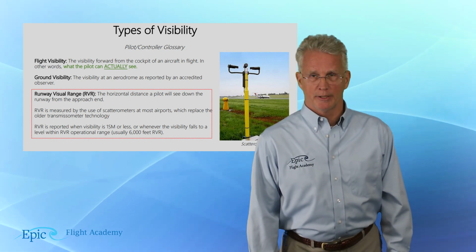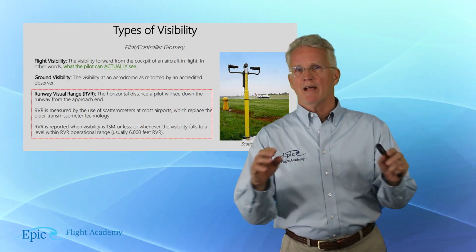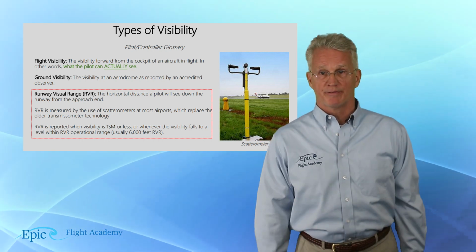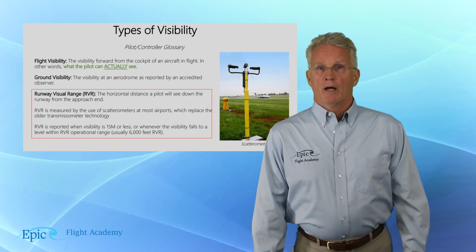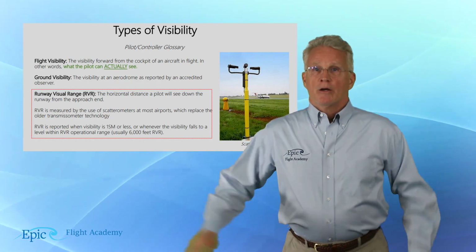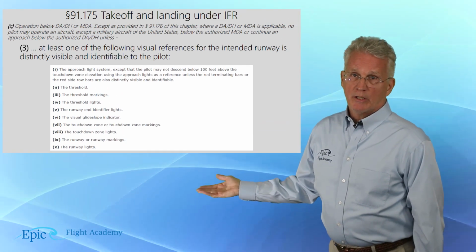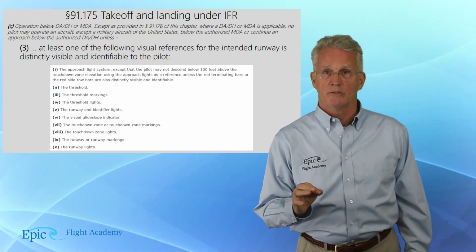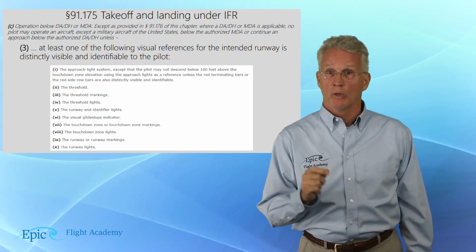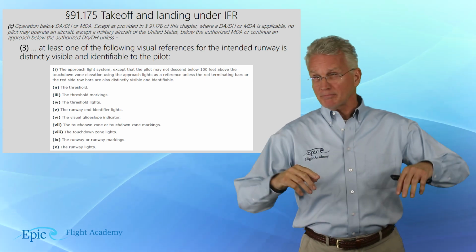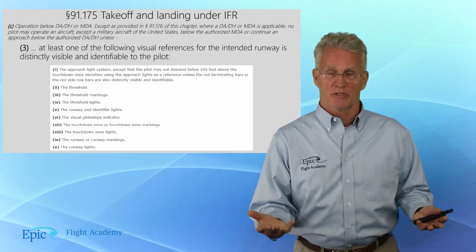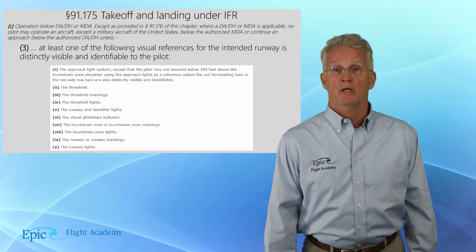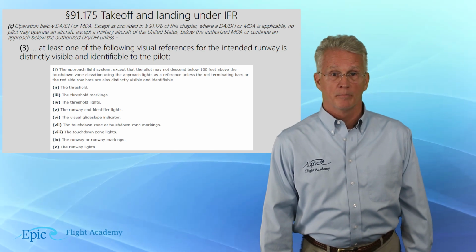And then thirdly, remember, we have to have some way to visually identify the runway of intended landing. Now, on our list here, you can see in the small Roman numerals the 10 ways listed in 91.175 that the FAA will accept as my visual identification of the intended runway.